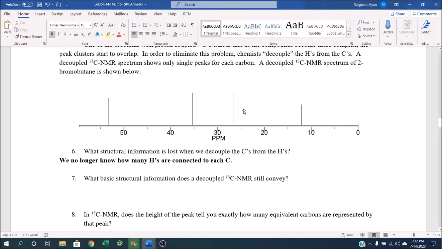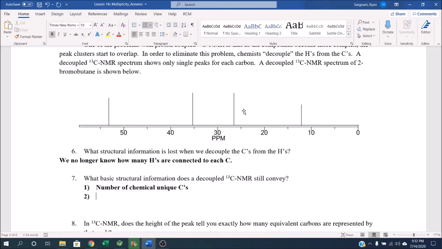Well, this is important enough to me that I'm going to number it. First, it tells us the number of chemically unique carbons, and 2, it tells us the shift values, or in other words, an approximation of the chemical environment of the carbons.